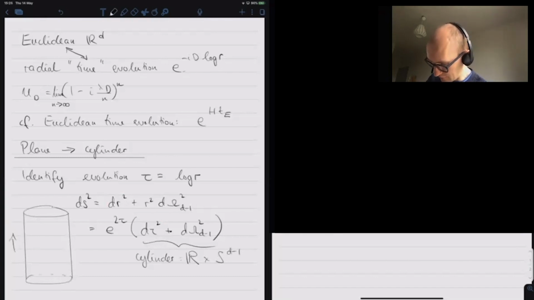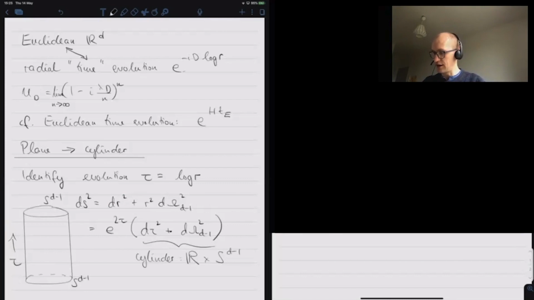So this tau goes up here, and then each of these things is an S^{d-1}. So I'm drawing the case d equals 1, where the sphere is just a circle. But in general, at each constant time you have a full d minus 1 sphere. So these two sections that I wrote here are both d minus 1 spheres.